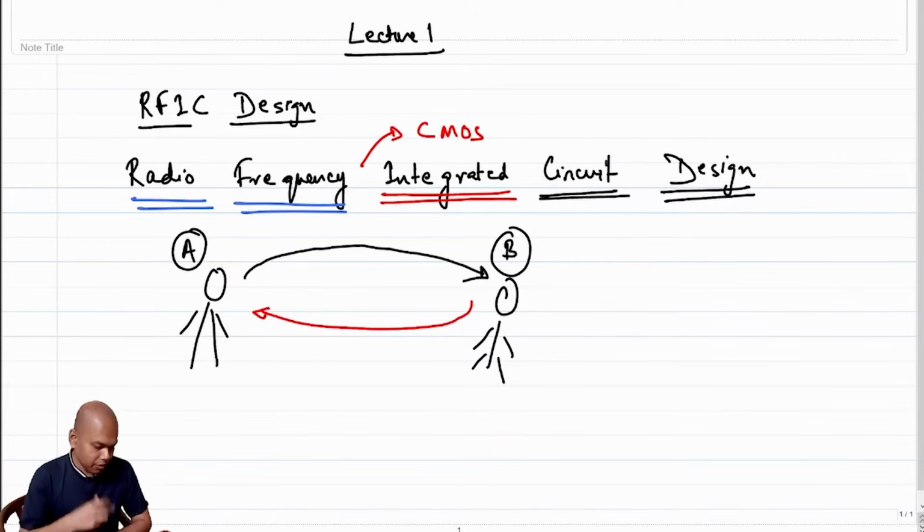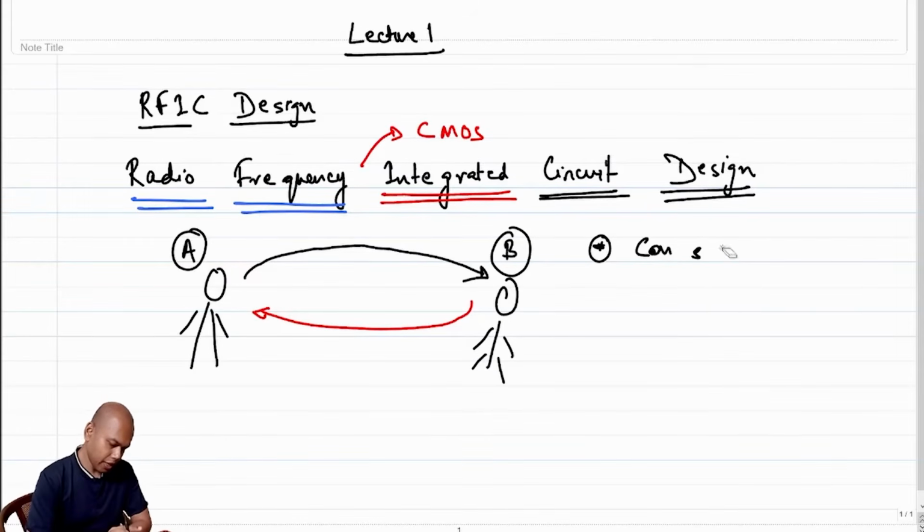But now let's, from the simplistic real life example, try to see what are the unsaid protocols that we follow. So number one is, can speakers A and B speak simultaneously?